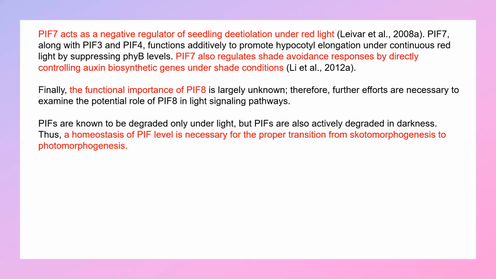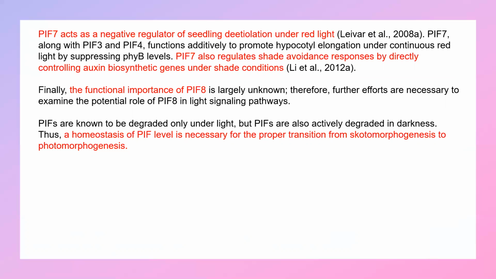PIF7 acts as a negative regulator of seedling de-etiolation under red light. PIF7 along with PIF3 and PIF4 functions additively to promote elongation of hypocotyl under continuous red light by suppressing phytochrome B levels. It also regulates shade avoidance responses by directly controlling auxin biosynthetic genes under shade conditions.